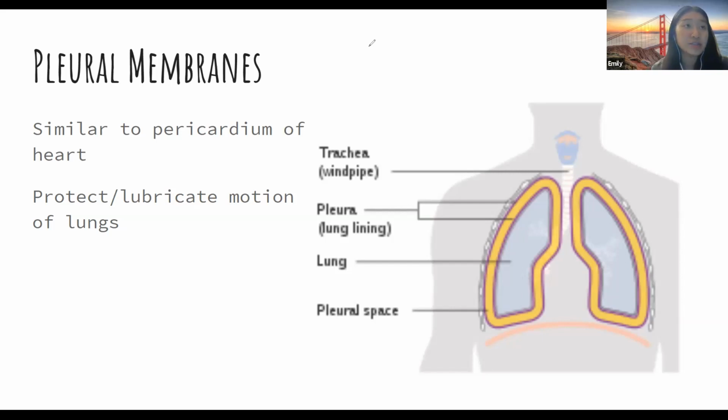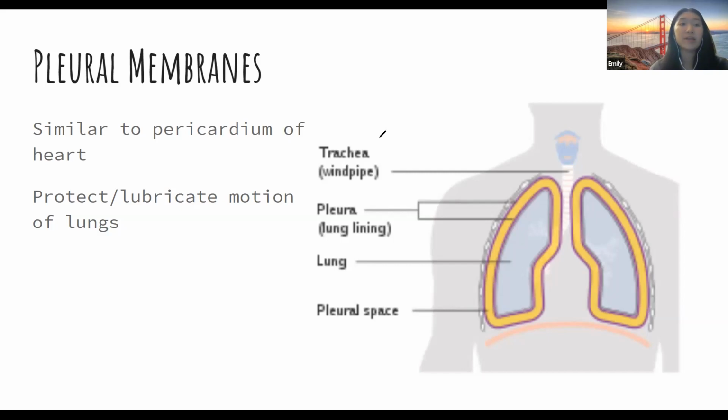These two membranes, actually, there's two layers of them that protect the heart, and they have a gap between them that's filled with fluid so that it lubricates the movement of the heart, so that the heart doesn't rub up too much against the lungs or other structures around it, protecting the heart and also protecting the organs around the heart from the movement of the heart.